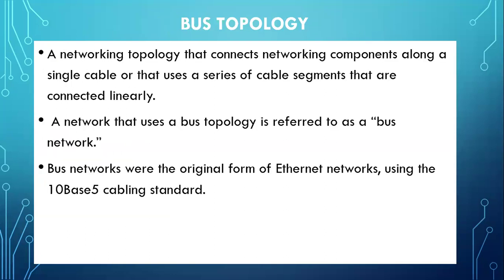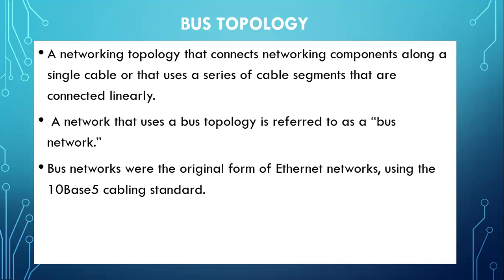Now, this kind of topology works in a way that it is a networking topology that connects the networking components along a single cable, or that uses a series of cable segments that are connected linearly. So it's just a kind of networking topology that connects the components in a form of a linear arrangement.